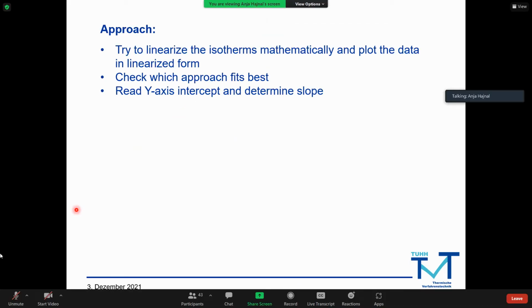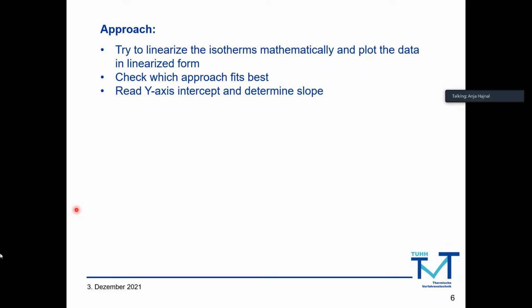Now, in our adsorption task, maybe take 2-3 minutes to read, and then we start to solve the tasks together. And just a small tip: for this adsorption task, you can either do it by pen and paper.